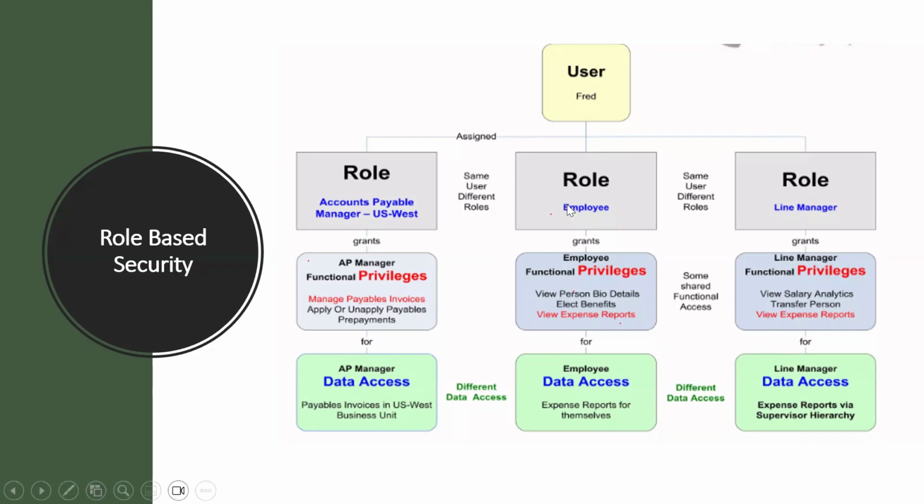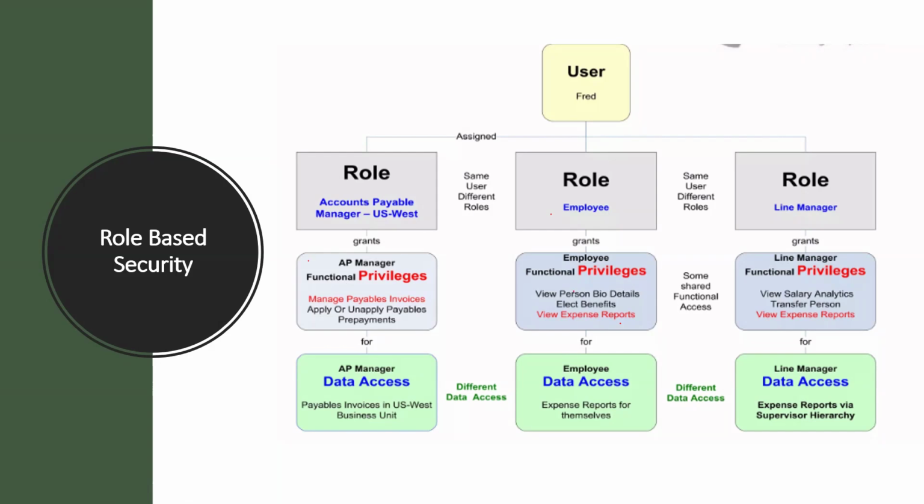So this is the hierarchy level, the enterprise level hierarchy roles. And for the duty role, you can access the application level. At the application level, we have different business units. Especially this Fred user has access to the US West business unit.